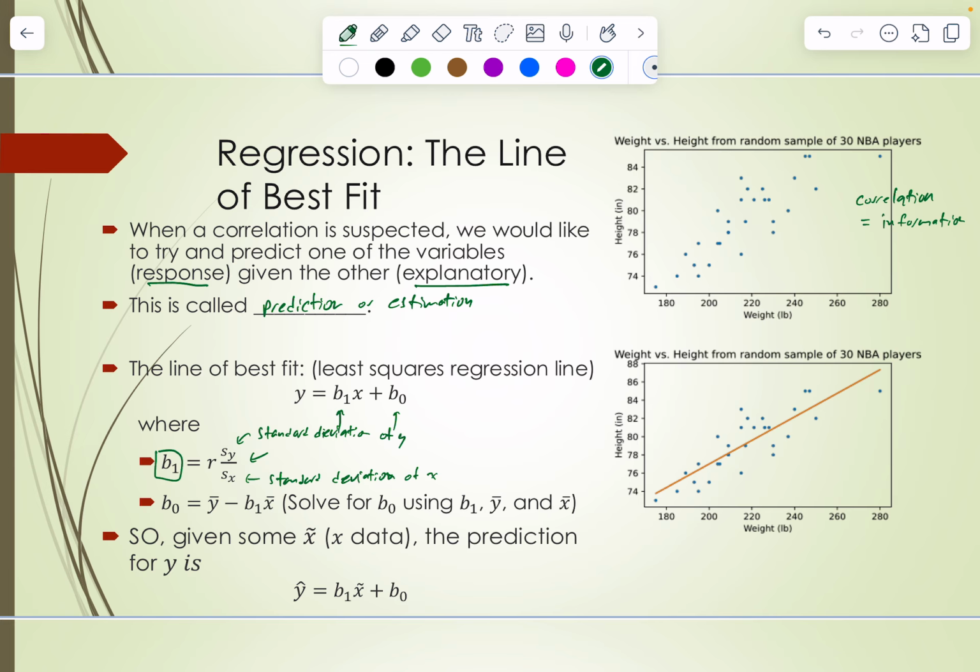Once you have B1, then you can compute the mean of y and the mean of x, so the mean of your y variables and the mean of your x variables. And once you do that, you can then form your intercept, which is B0.